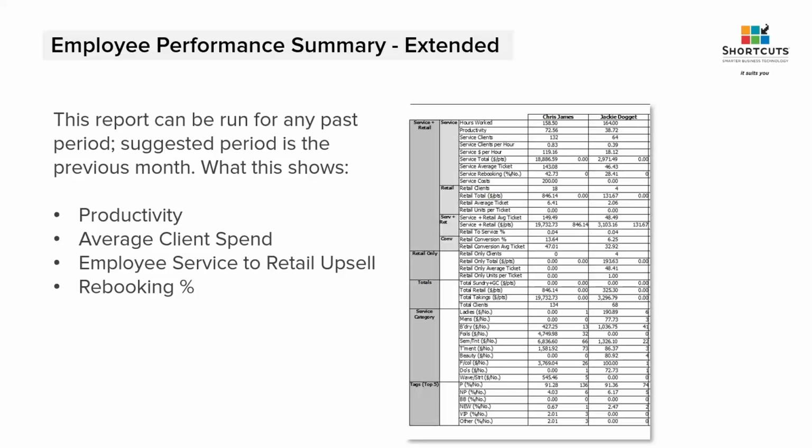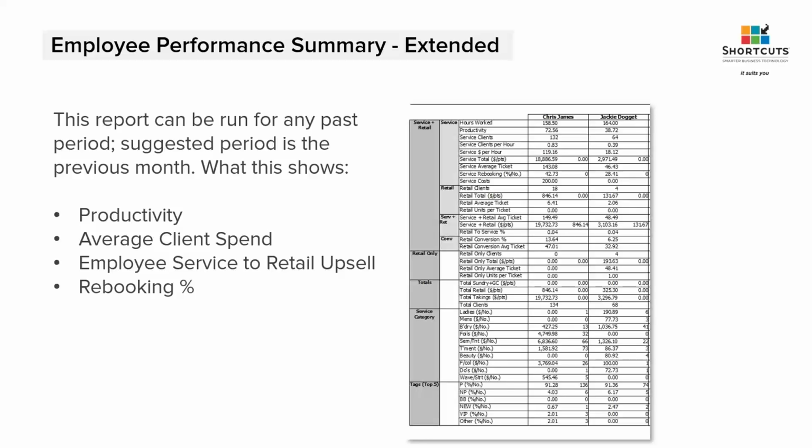If you are fixated on details and you want to see more information than what's available in the standard employee performance report, which will just give you totals and averages, we do have an employee performance summary extended report. So this will actually show you what were their averages on retail, services, things like that, but also what is their rebooking percentage?